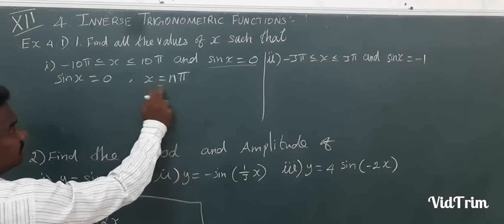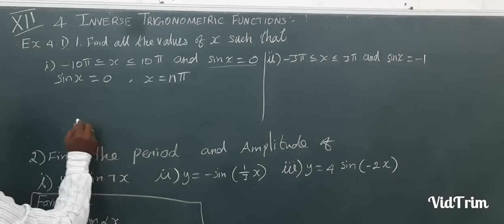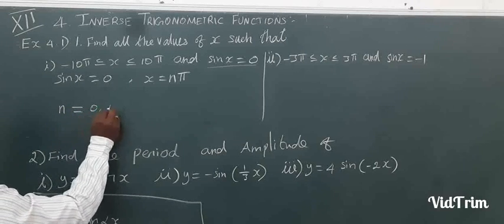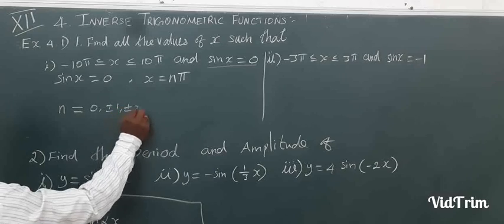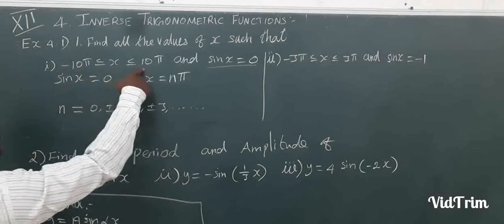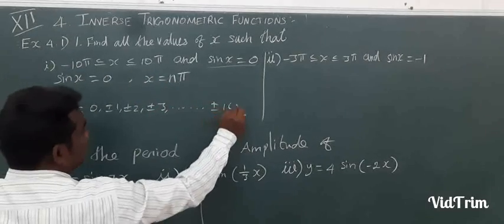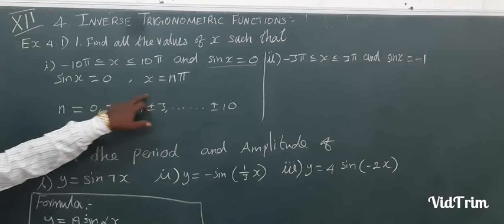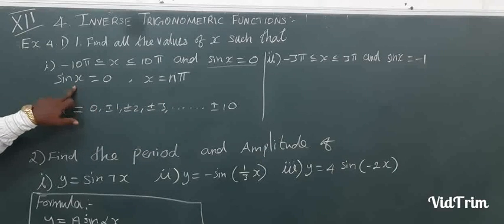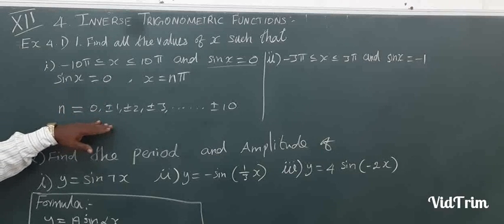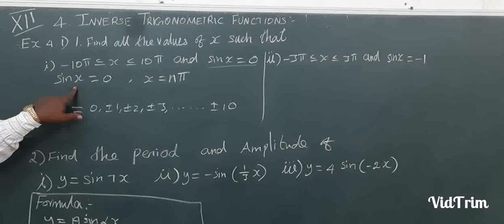That is the answer: x is equal to n pi, where n is equal to 0, plus or minus 1, plus or minus 2, plus or minus 3, and the last value is plus or minus 10. So these full values are applied here, and the sine of all these x values will give 0. That is all the values of x such that sin x is 0.